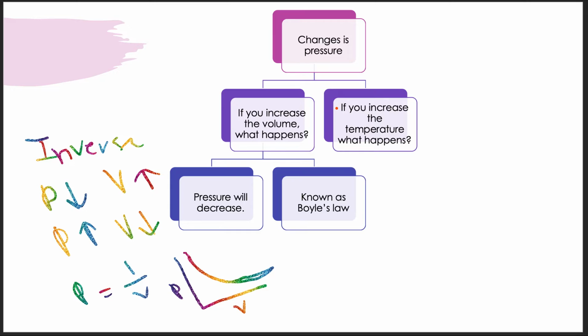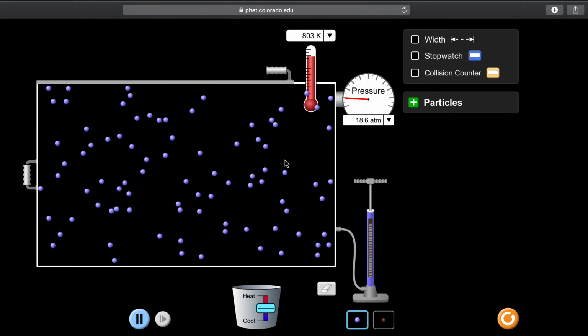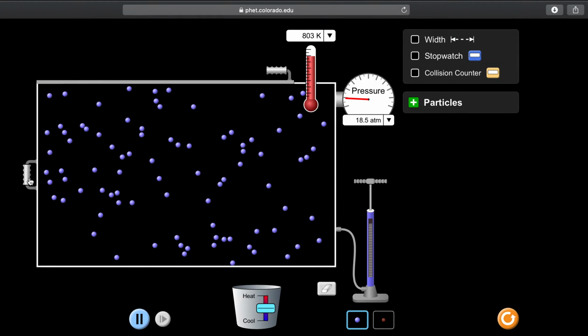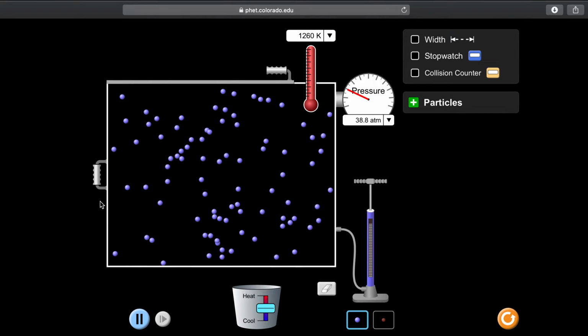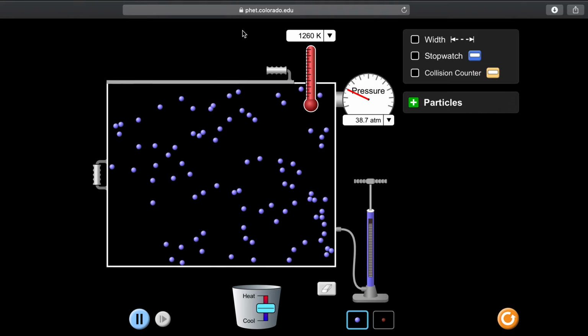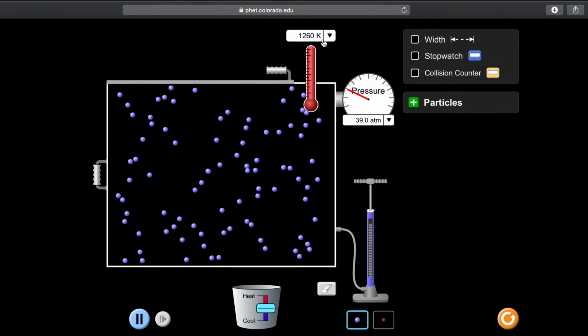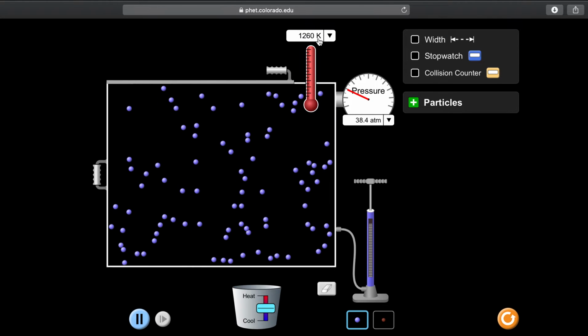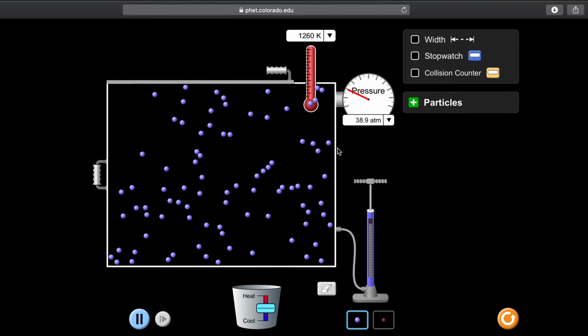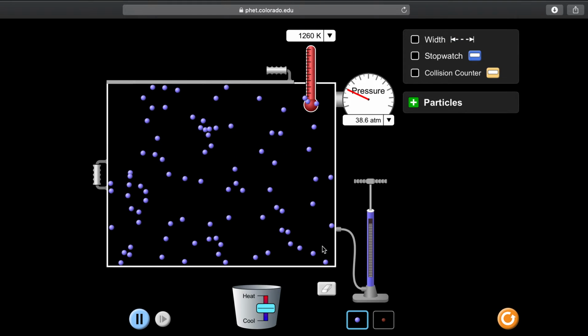Another thing we could look at is if you increase the temperature, what happens, okay? So let's take a look again here. So if you guys look up here, here's the temperature, okay? So we're at 1260 degrees Kelvin.